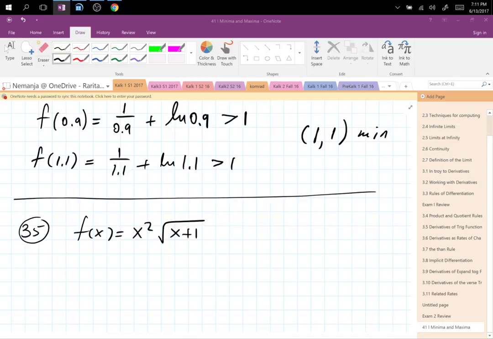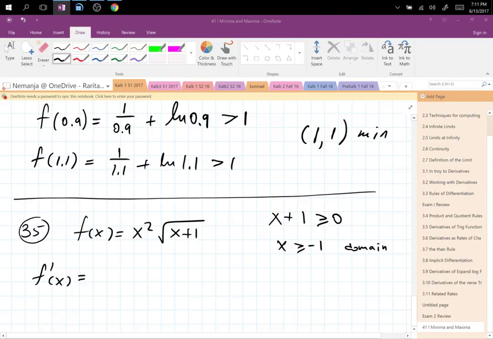But under the root, we can't. You cannot feed values smaller than negative 1, because the argument needs to be larger than or equal to 0. Solving this, anything larger than or equal to negative 1 is the domain. That's the more restrictive piece, the square root. Now go ahead: take the derivative f prime of x, set it equal to 0, and solve the equation.